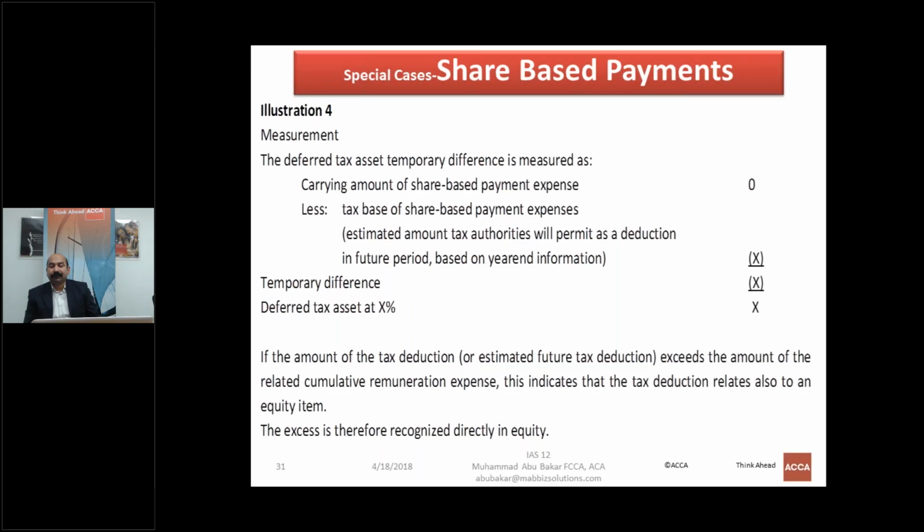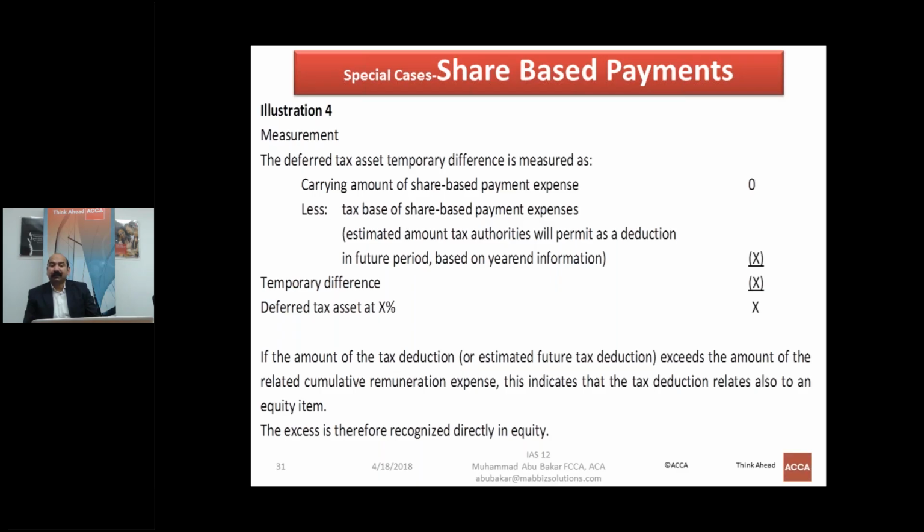If the amount the taxation authority will permit as a deduction in future periods is not known, if you don't know what is the amount that will be allowed by the taxation authority in the future period, then it should be estimated based on information available at the end of the period. If the amount that the taxation authority will permit as a deduction in future periods is dependent on the entity's share price at a future date, the measurement of the deductible temporary difference should be based on the entity's share price at the end of the period.